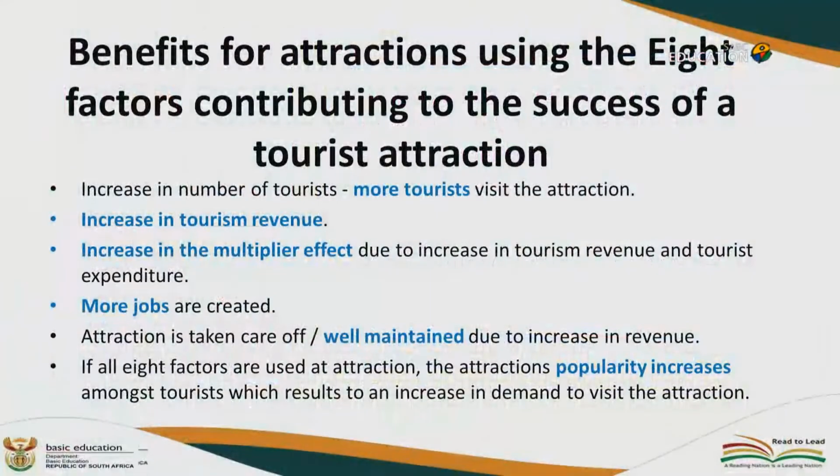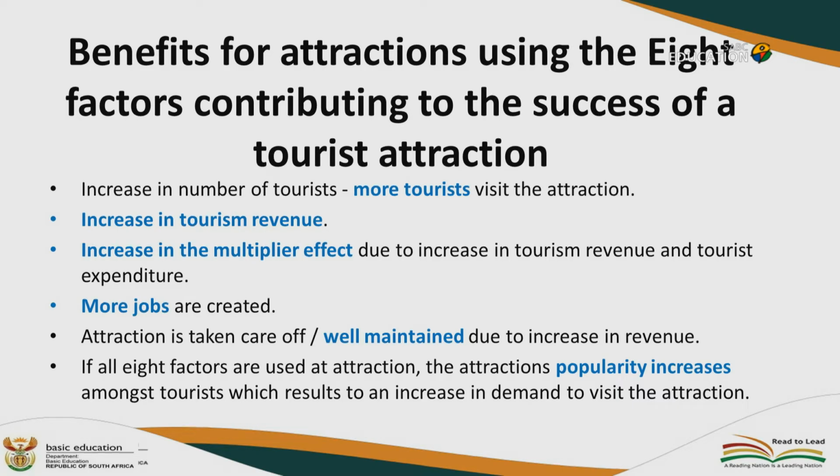You will have an increase in the number of tourists. More tourists will visit the attraction. You'll have an increase in tourism revenue. When I talk about revenue, I'm talking about the money that you would have made from your particular attraction, the profits. You'll have an increase in the multiplier effect due to the increase in the tourism revenue and the tourist expenditure. When I talk about tourist expenditure, I'm referring to how much the tourists are actually spending when they're at an attraction.